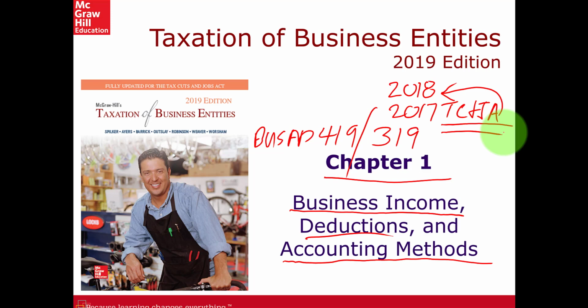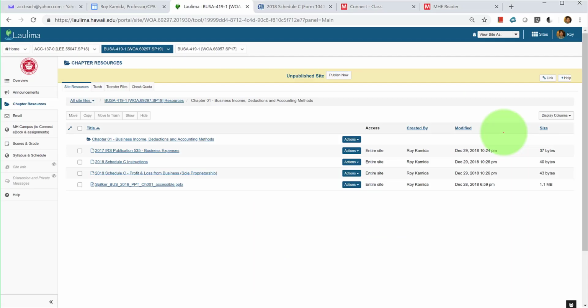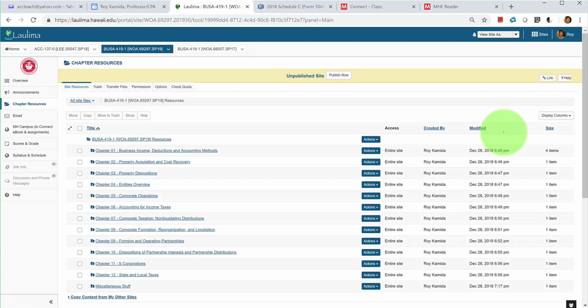Now what you're looking at is the PowerPoint slide that you can download and follow along. That's here in our resources folder, the chapter resources folder. There's one subfolder for each chapter we'll be covering throughout the semester.